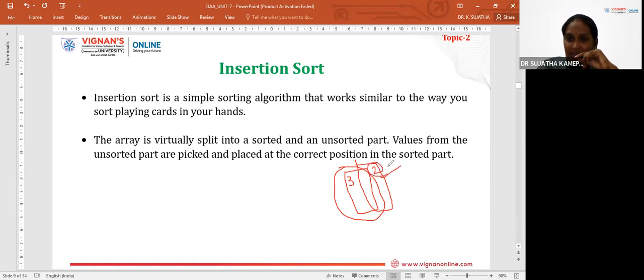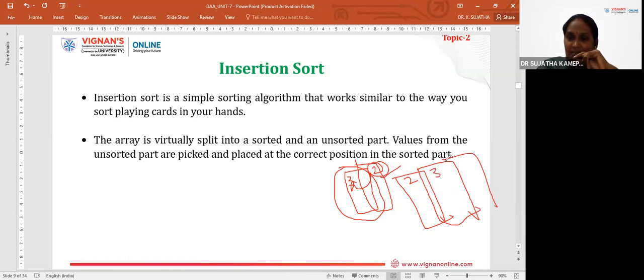We compare the value of this card with the first card. If it is greater, we will put it on the right side only. If it is not greater, then we sort them like this. The card which contains the value 2 comes to the left side, and the card which contains the value 3 comes to the right side.